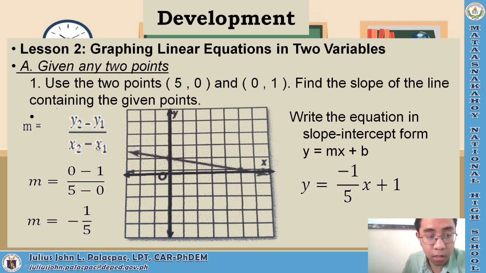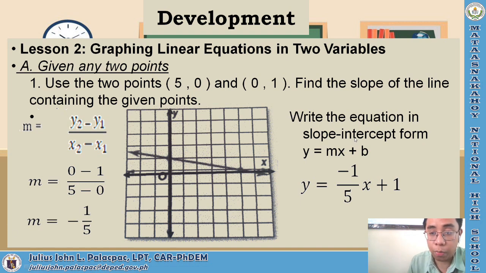So we have here 0 minus 1, negative 1, over 5 minus 0, 5. So negative 1/5. It can also be 0 minus 1, which is negative 1, over 1 minus 0, 1, 0 minus 5, negative 5. It is also negative 1/5. So the slope is also negative 1/5.